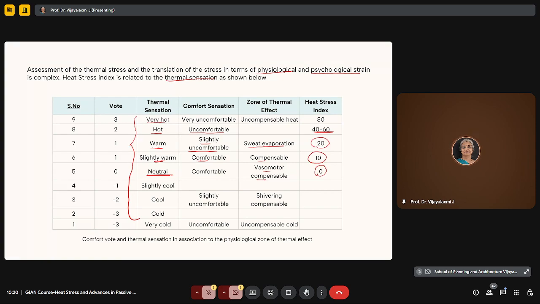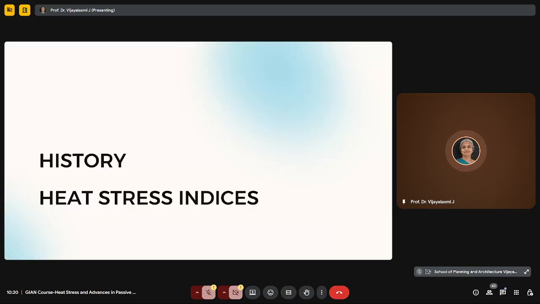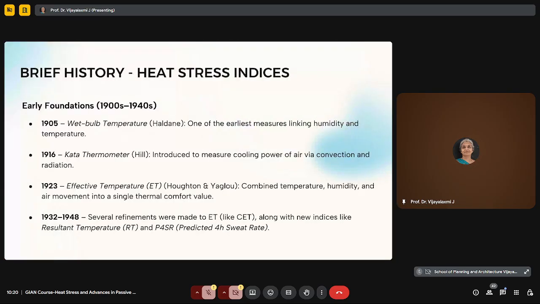And then the ultimate is very hot, during which we feel very uncomfortable, and it is uncompensable heat, with a heat stress index of 80 and above. So this is how feeling is also monitored. And let's see the history of heat stress indices.